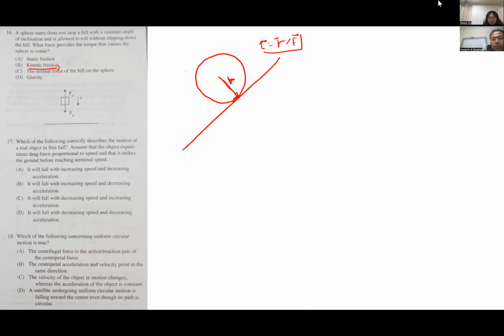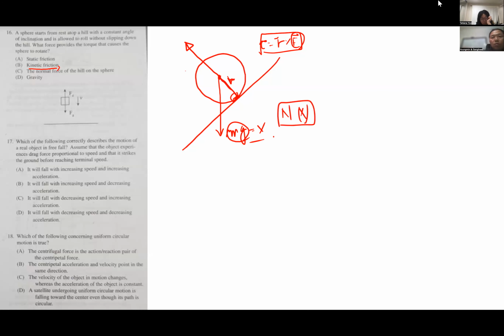So the F component must be perpendicular to the radial component at the point of action. Now gravity is applied to the center of mass and it's downward, so it's not the case. And the normal force is perpendicular to the surface, the same direction as the radial vector R. So the normal force is also not the answer.